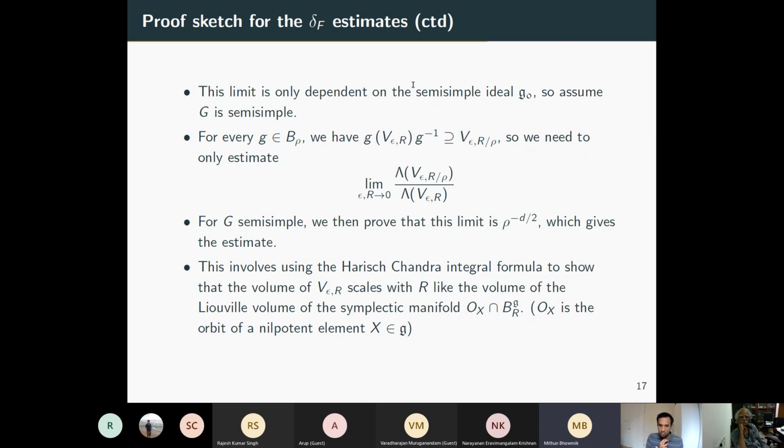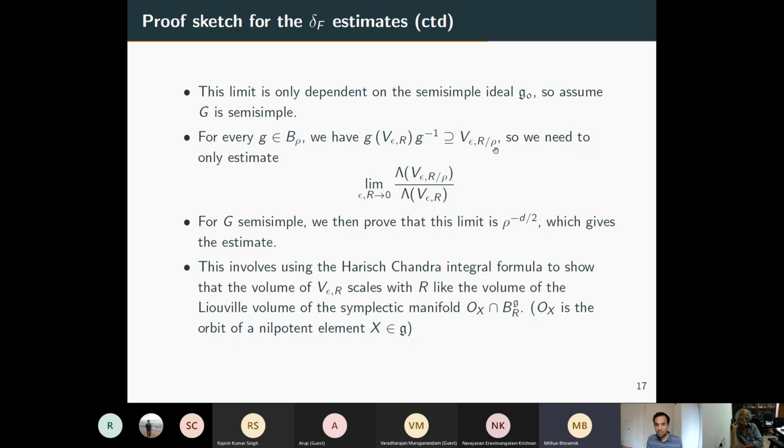And in particular, if you take a set from this ball of radius rho, remember this ball is the set of all elements in the group such that the adjoint operator corresponding to g has operator norm less than rho.